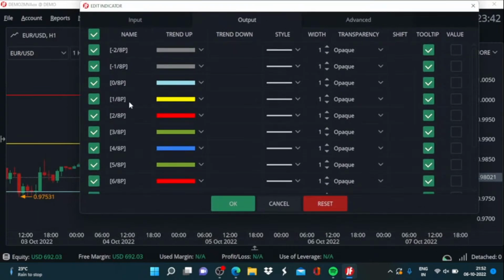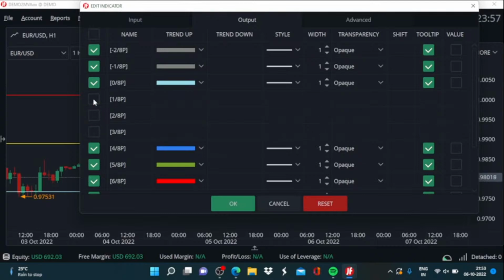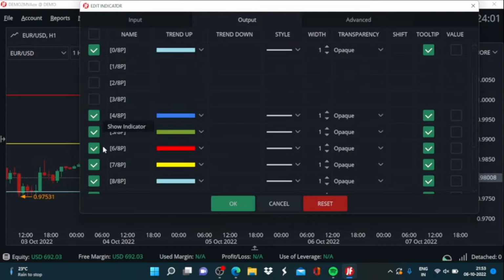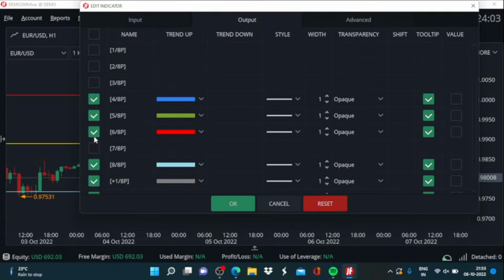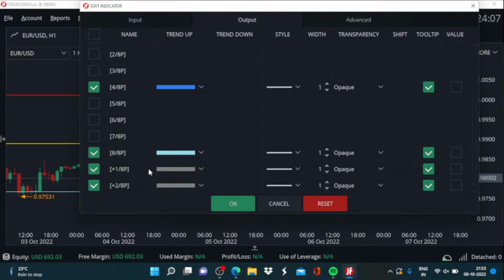If you want to play around with color, or if you feel that not all these 8 lines are useful, and you want to use, say, the fourth line and leave out the lines in between, if you want to use only the 0th, 4th, and then the 8th one on the lower side, you can customize it like that as well.